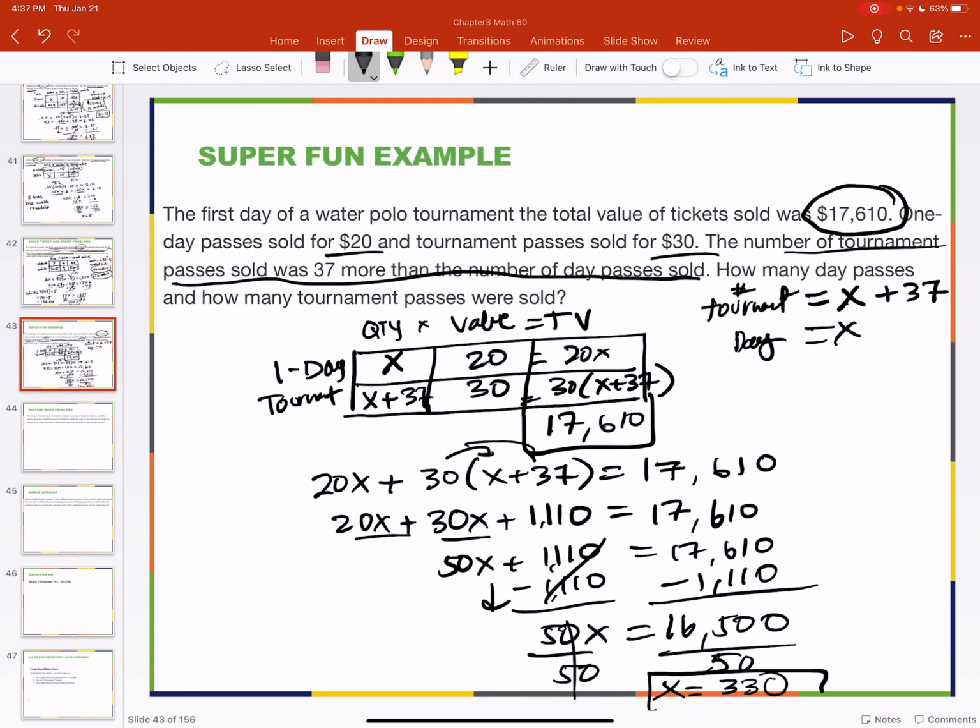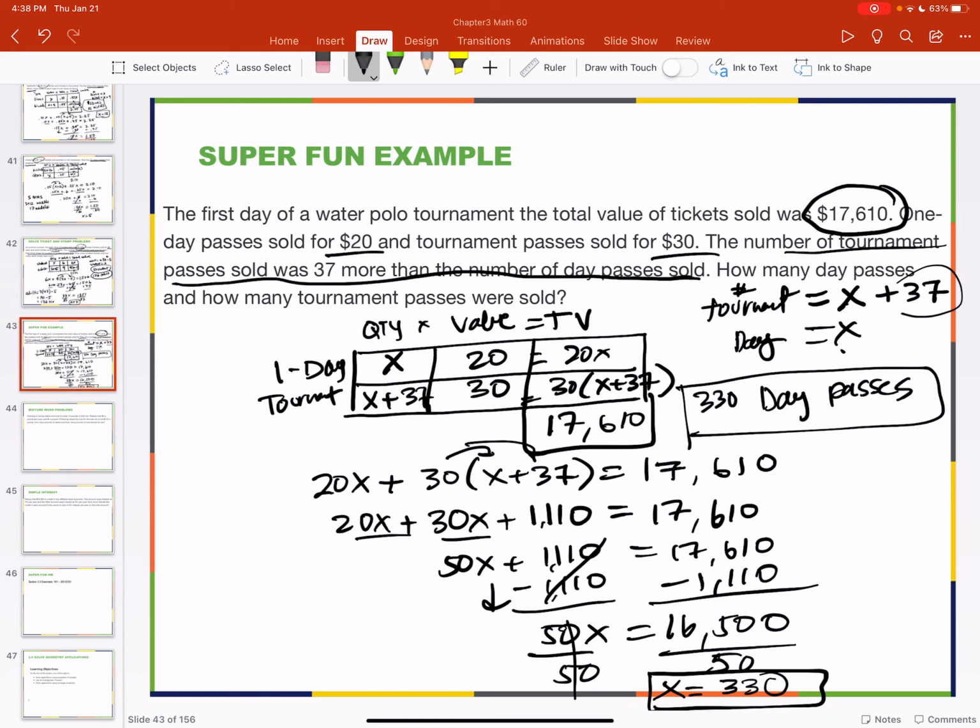So that represents what? The number of day passes. So how many tournament passes is going to be 37 more. So 330 day passes. And then tournament passes is going to be 330 plus 37. So that's 367 tournament passes. Awesome.